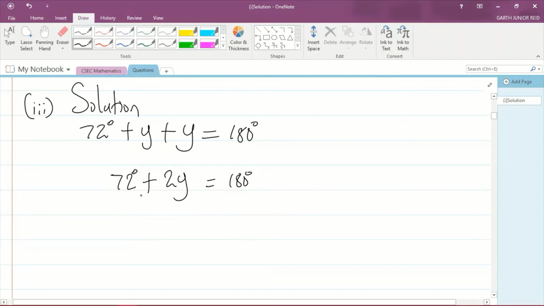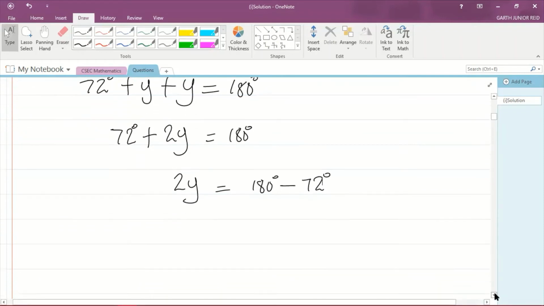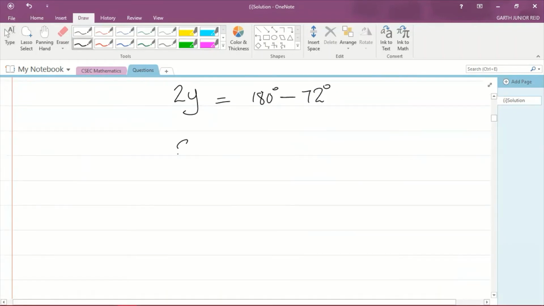Now, if I do that, when I subtract 72 degrees on the left-hand side, I will get 2Y remaining. And on the right-hand side, I will have 180 degrees minus 72 degrees. So 2Y is now equal to 180 degrees minus 72 degrees, which gives us 108 degrees. And Y would be equal to what? So we have 2 multiplied by Y, which is equal to 108 degrees.